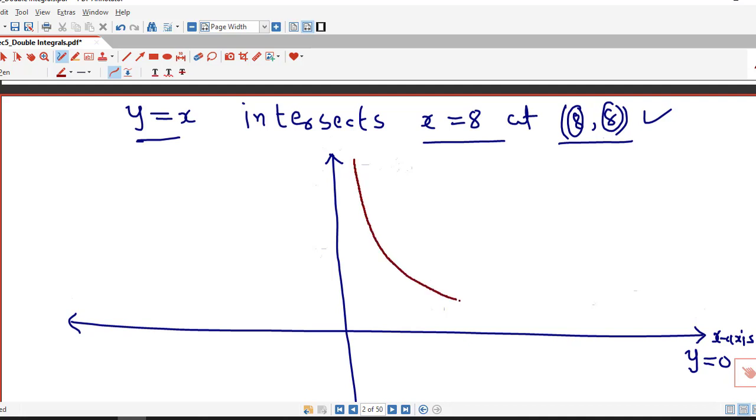Suppose this is the rectangular hyperbola in the first quadrant. We approximately assume that this distance is 4 and this distance will be 8, and because this is 4, we can have this as 2, 4. So this point is 4, 4, and this point is say 8, 2.